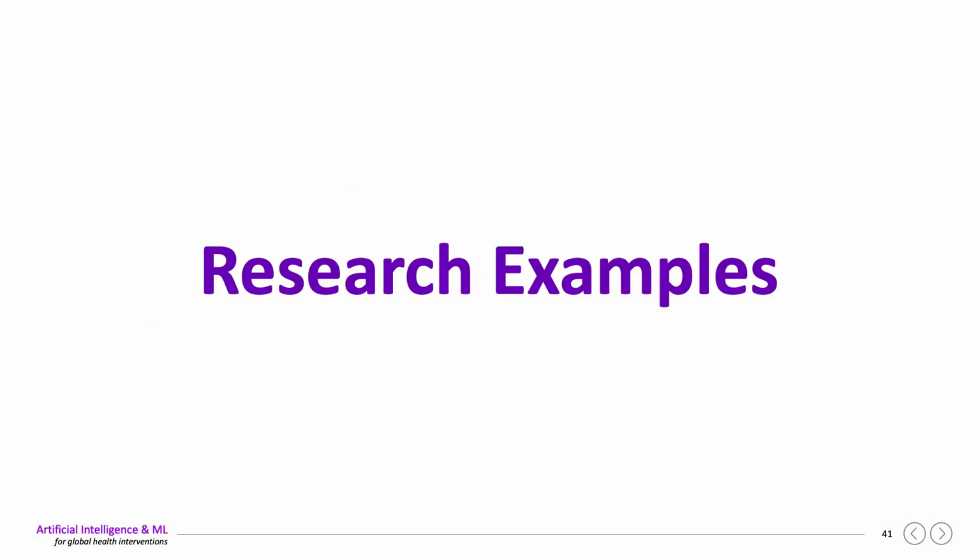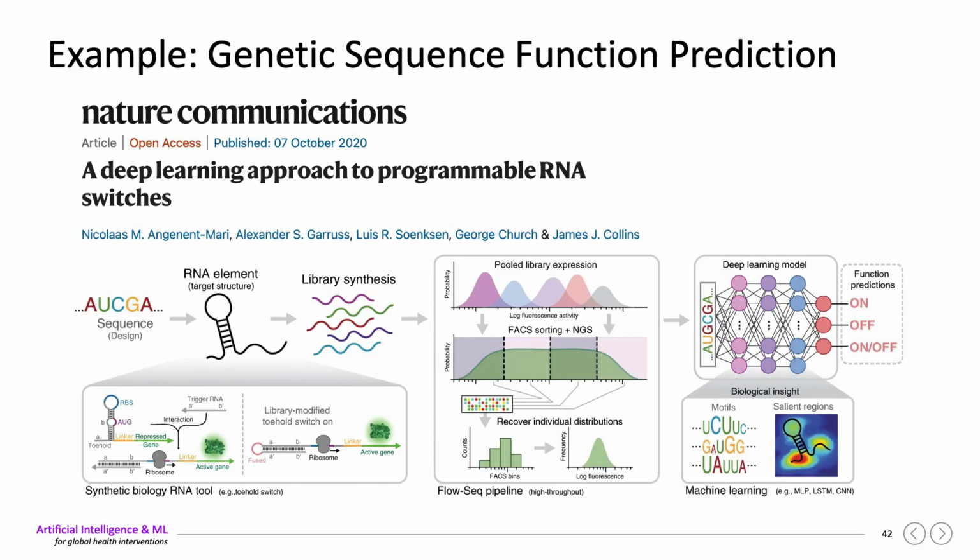Okay, so this wraps up our rundown on basics on deep sequence and language models. But before we go, I want to walk you through some cool research that leverages these kinds of techniques. First, turns out sequence models are also used in synthetic biology to predict the function of DNA and RNA sequences. Interestingly, convolutional neural networks can outperform RNNs in some biological sequence tasks by capturing local structural patterns.